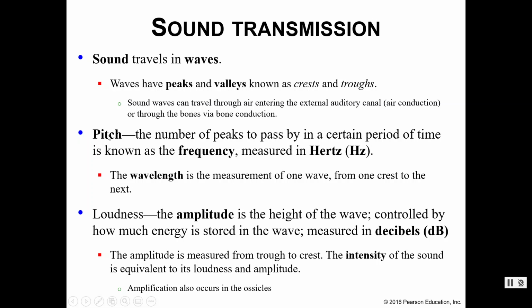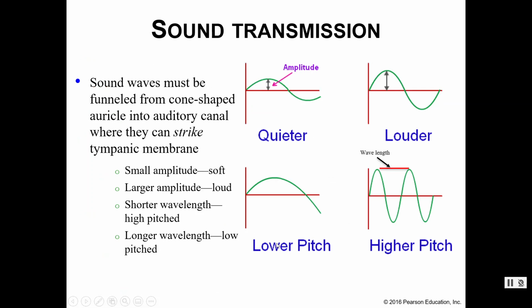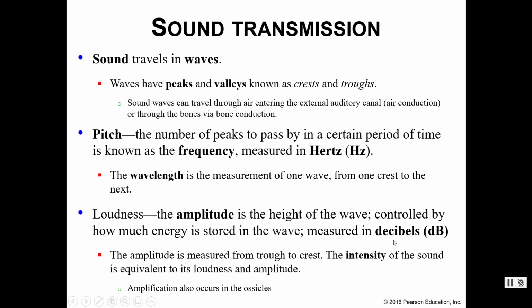We also measure loudness, which is the amplitude or the height of the wave. So that would be peak to valley instead. This is measured in decibels. So we have hertz and decibels. We can use these two terms to describe overall sounds, because you can mix and match these.